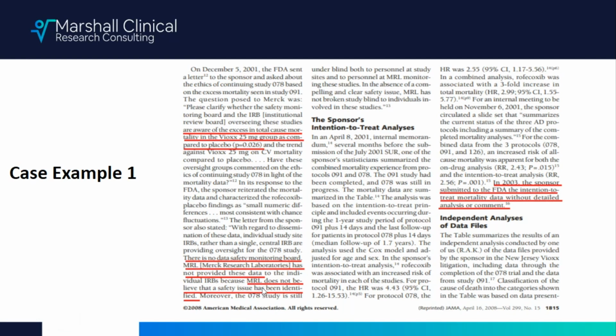So they had no red flags when they were performing the trial. In 2003, the sponsors submitted to the FDA the intention to treat mortality data without detailed analysis or comment. So basically, they omitted reporting all of these cardiovascular events and deaths caused by the drug.